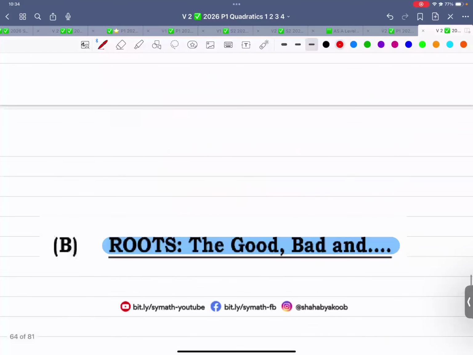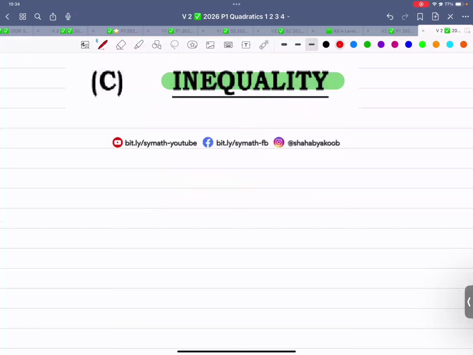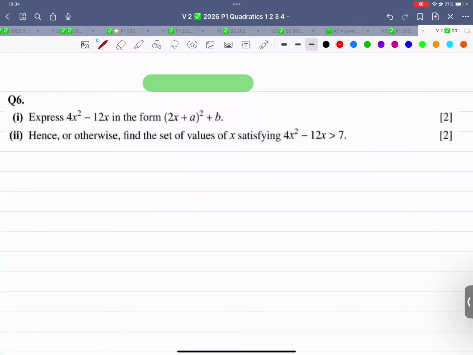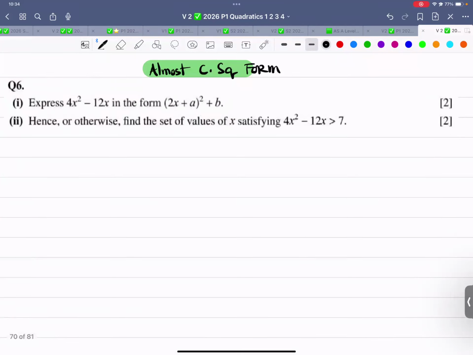And this one was from which exercise? Exercise B. So that was a nice question, inequality. Now, what is so special in this one? This is almost completed square form. Now, remember, we cannot compromise on the standards.